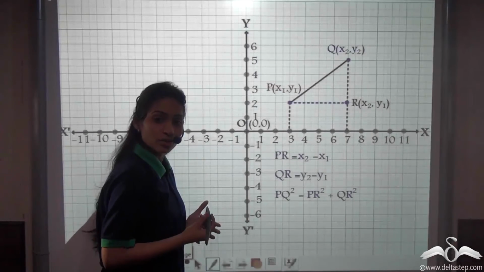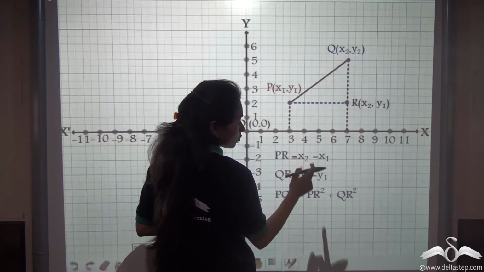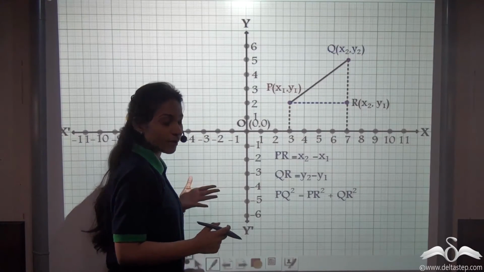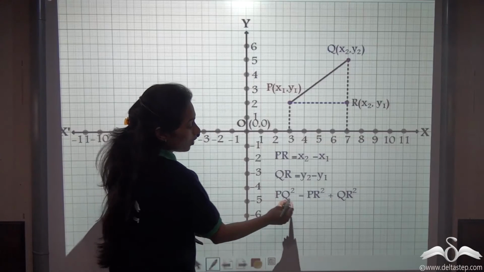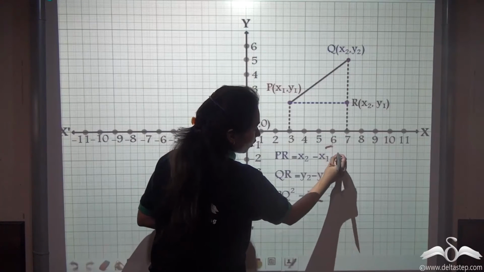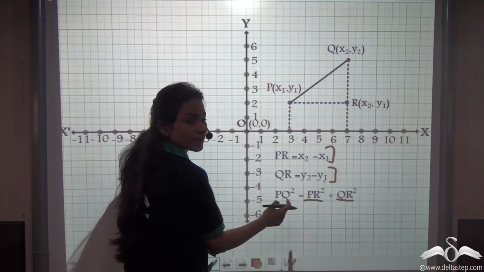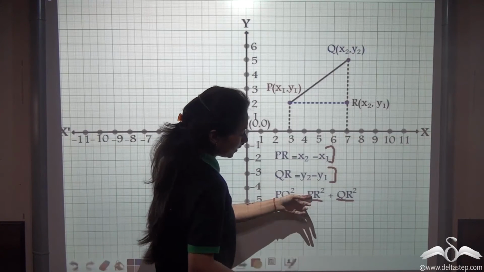Now from the Pythagoras formula we have seen, we get PQ square is equal to PR square plus QR square, that is hypotenuse square is equal to base square plus perpendicular square. Now instead of this, we can write out their values which we have already taken out. So substituting this, let's see what we get. So PQ square is equal to PR square.